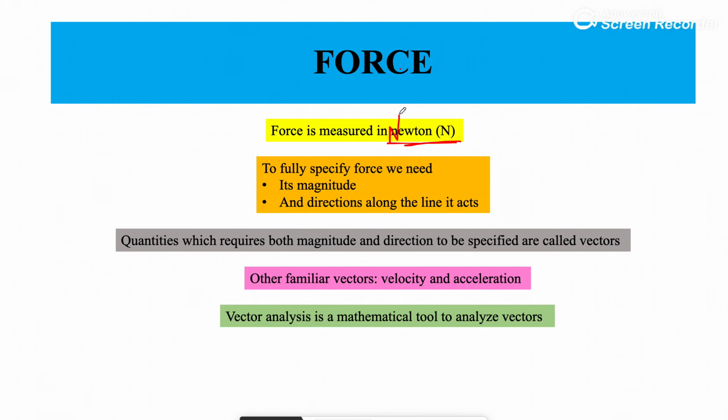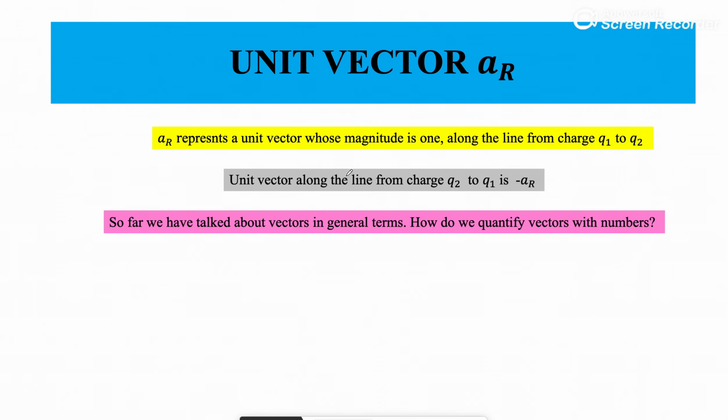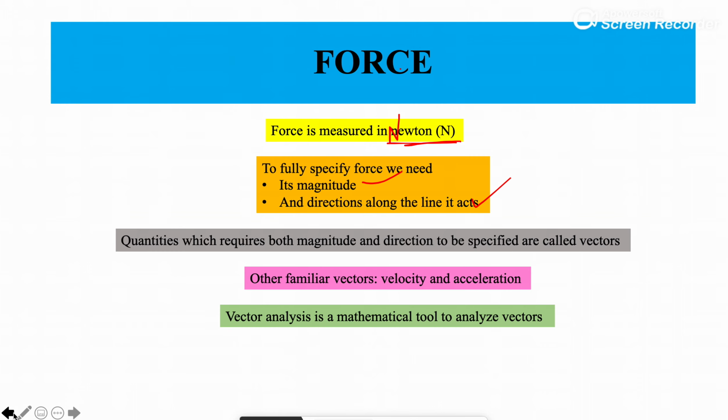To fully specify force, we need its magnitude and the direction along which it acts. These quantities which require both magnitude and direction are specified as vectors. You might be familiar with other vectors such as acceleration or velocity.